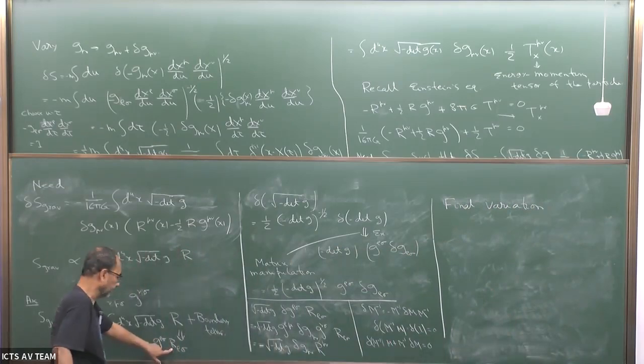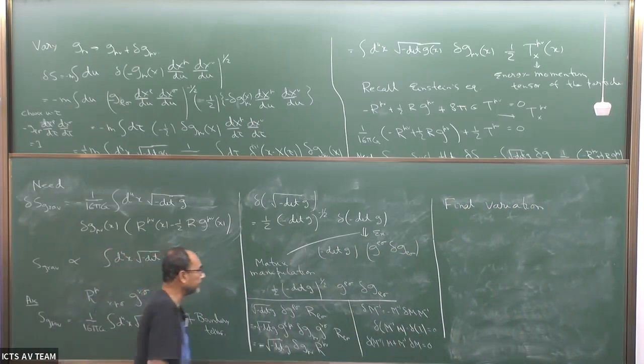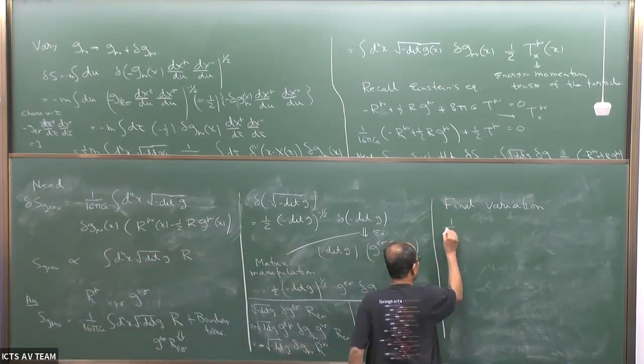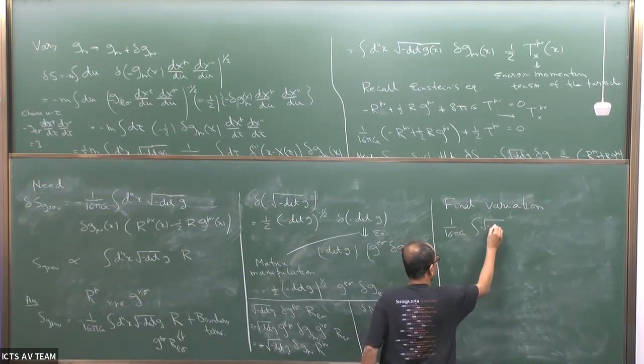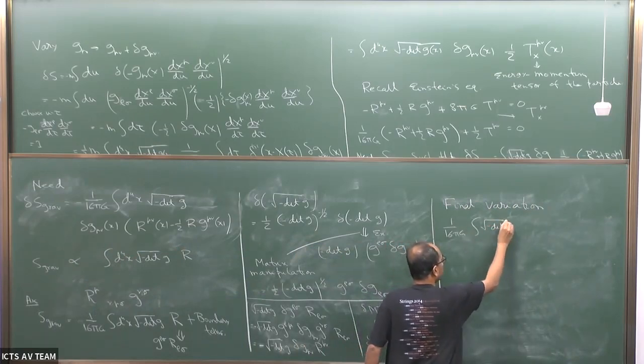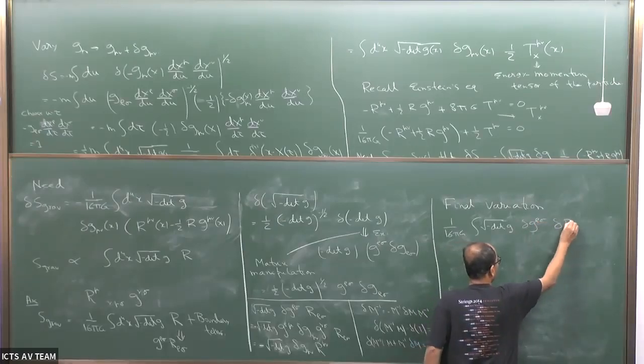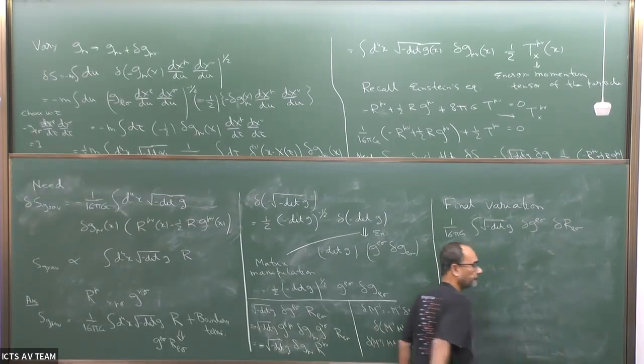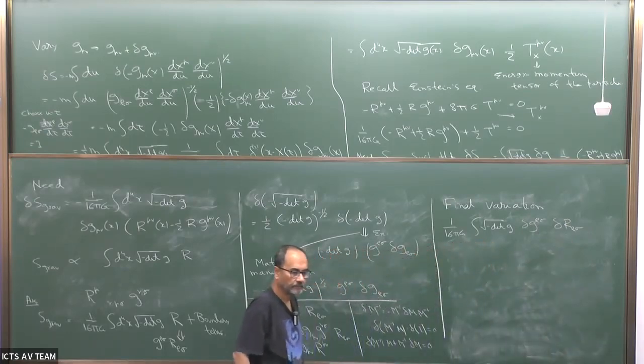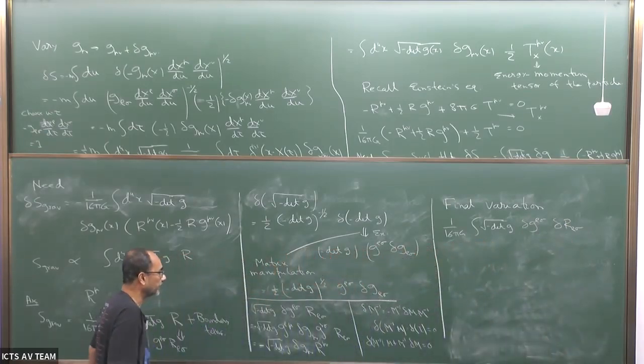R has to be varied. This one you have not varied. So 1 over 16 pi G, integral square root of minus determinant g, g rho sigma, delta R rho sigma.